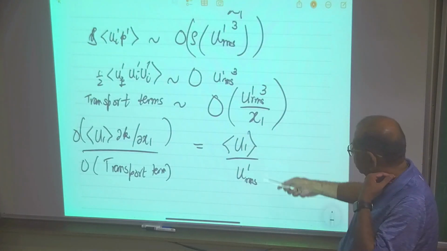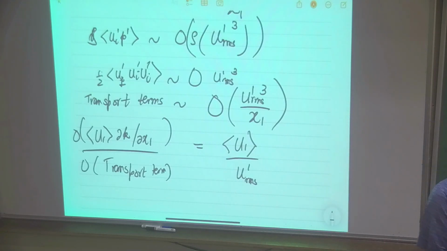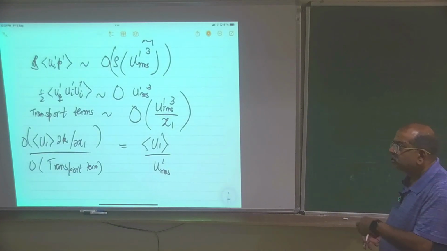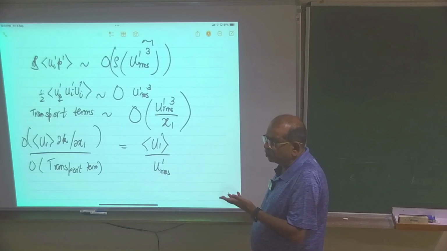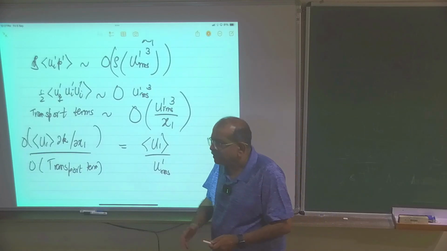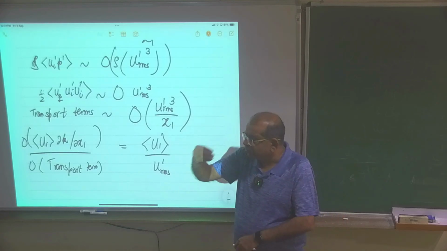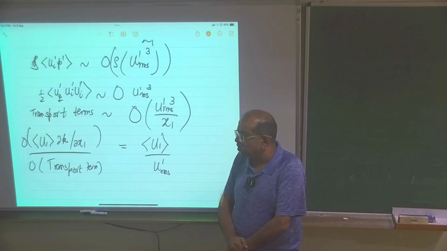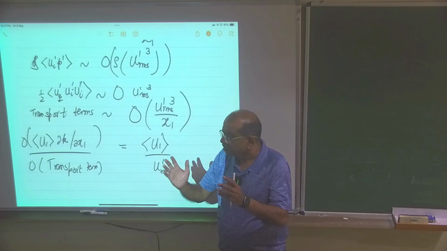So the square cuts away, we get it like this. Okay. Now, here we have to use some information from the experiments to proceed further. And what is found is that in other flows, when we talked of turbulent shear flows, where the production terms were not 0, we said that u prime RMS is of the order of the mean velocity.